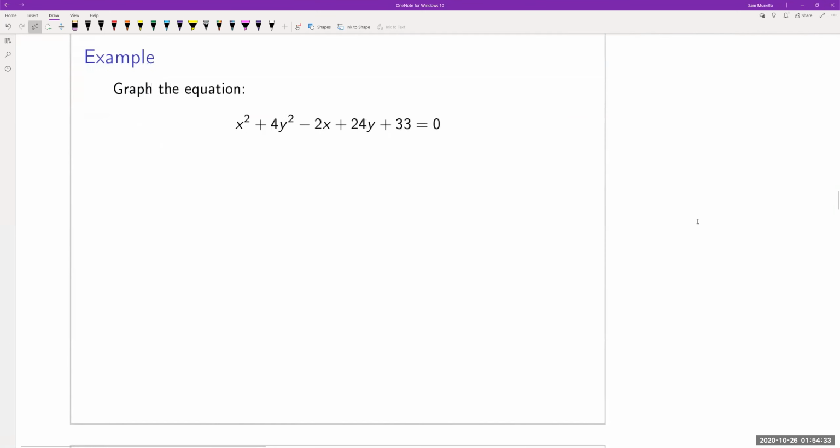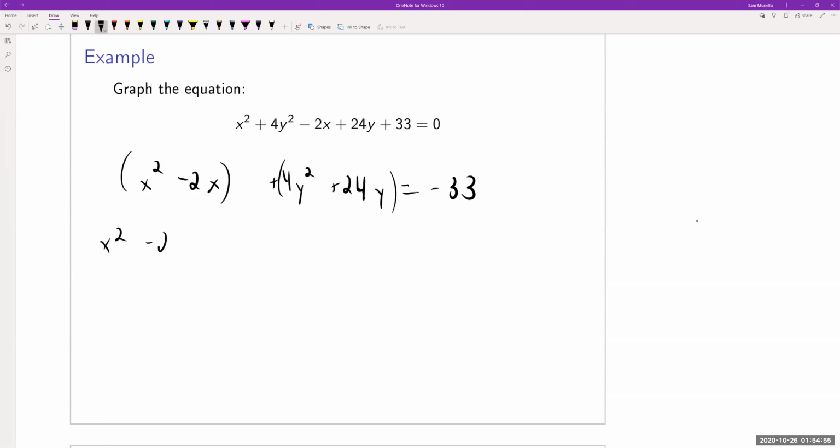For this first example, we're going to once again need to complete the square. Again, what we're going to do first is group our stuff together. So x squared minus 2x plus 4y squared plus 24y is negative 33. Then we'll add the stuff to both sides. For this one, it's simply 1.